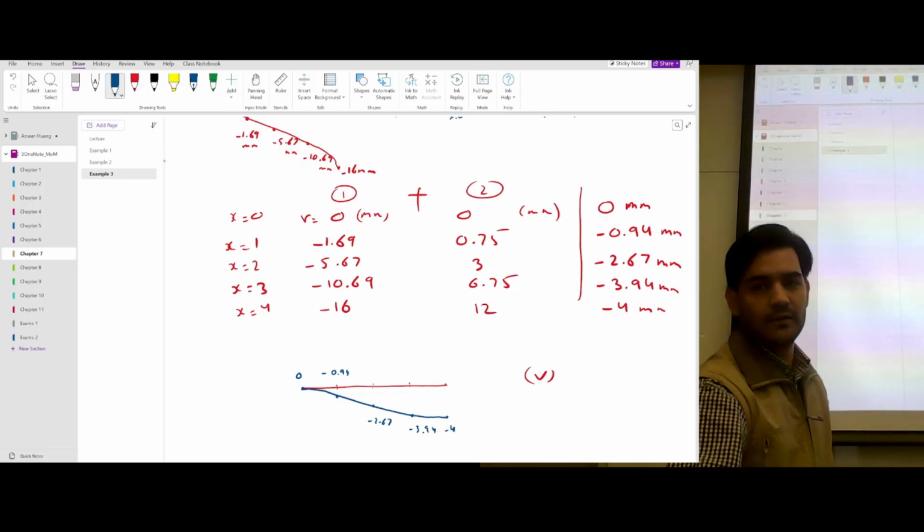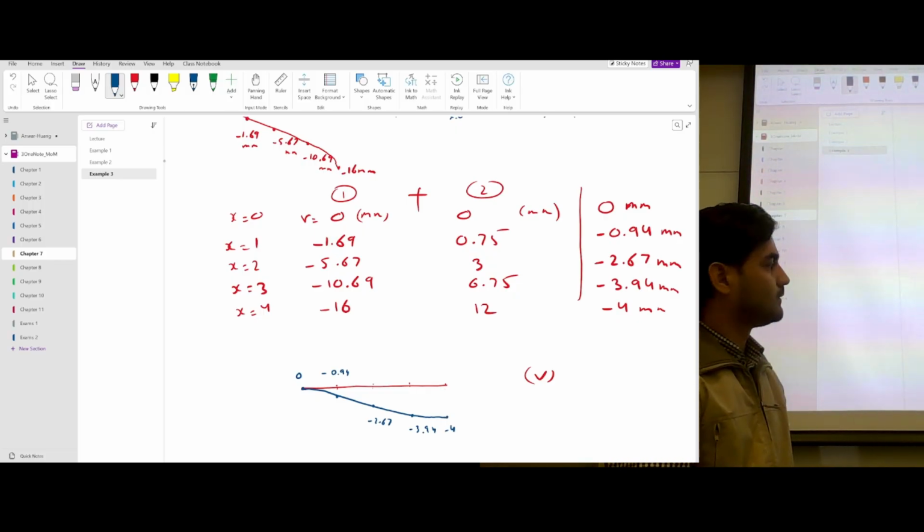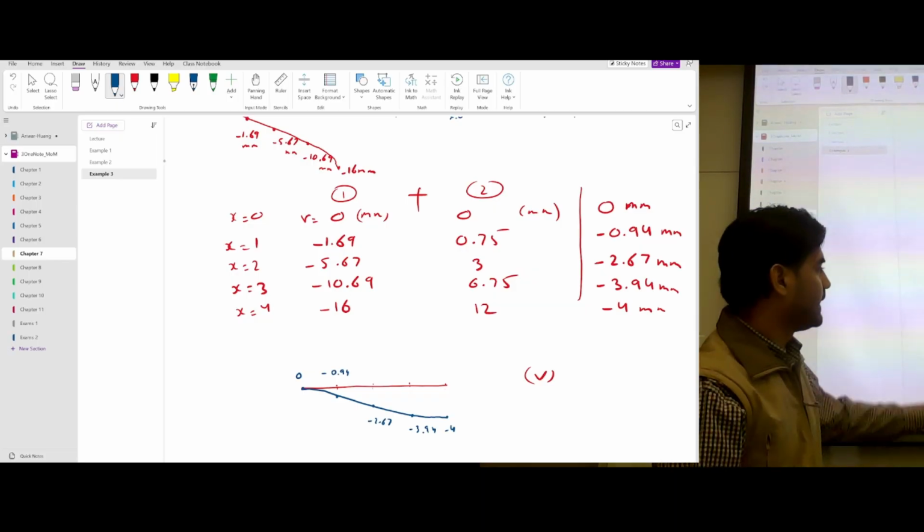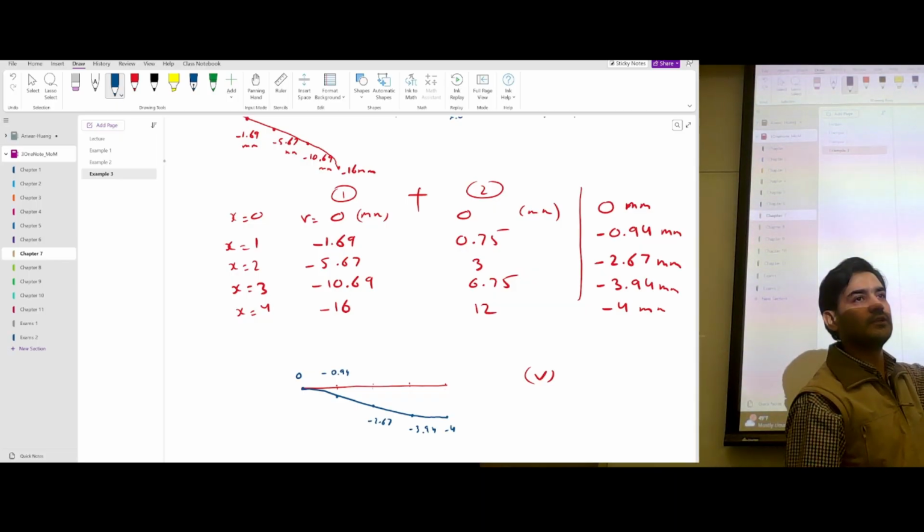So this is what I will get. And it's the same as we got from the graphical method, and it's the same as we got from the equation method.